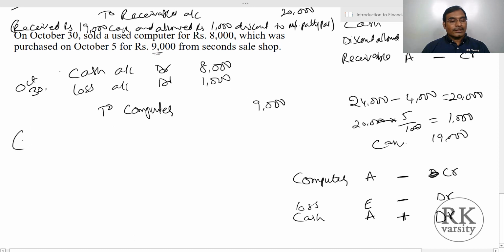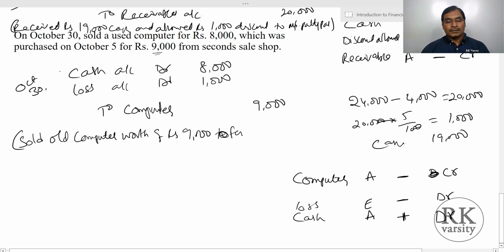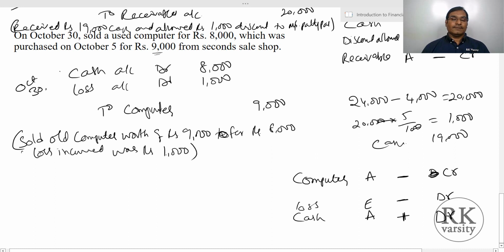Now you can write a narration saying here that sold old computer worth of rupees 9,000 for rupees 8,000, and the loss incurred was rupees 1,000. So if you see, the value of a computer is 9,000 here and the cash received is 8,000, loss is 1,000. So total 9,000.